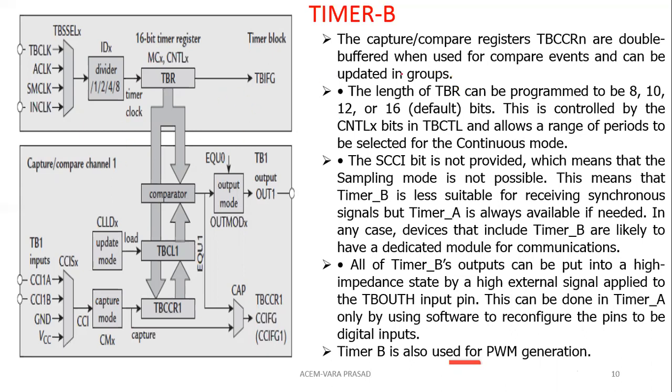In addition to that, some extra features are available. The capture compare register is double buffered when comparing two events. These are two buffers, and you have to select the update mode, meaning single buffering or double buffering. It is also used for grouping.